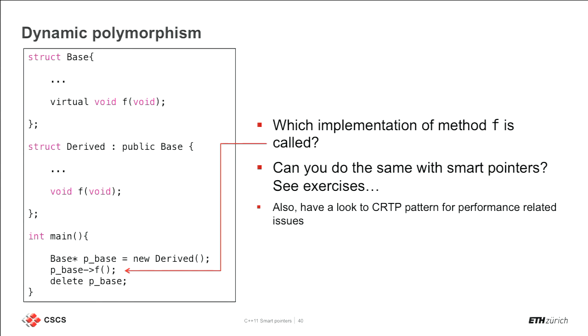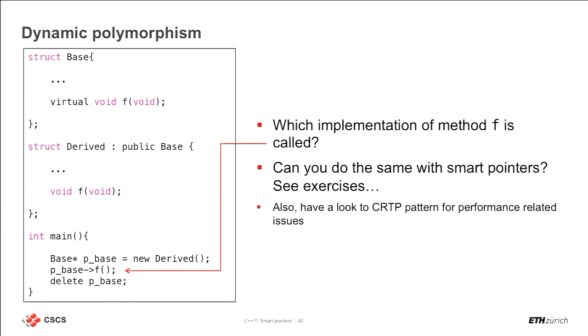In my main function, I'm creating a pointer to the type base, making a call to new derived, and then I'm calling the method f from this pointer. My question here is which implementation of the f method are we calling? You already know that we are calling the version implemented by derived, of course.